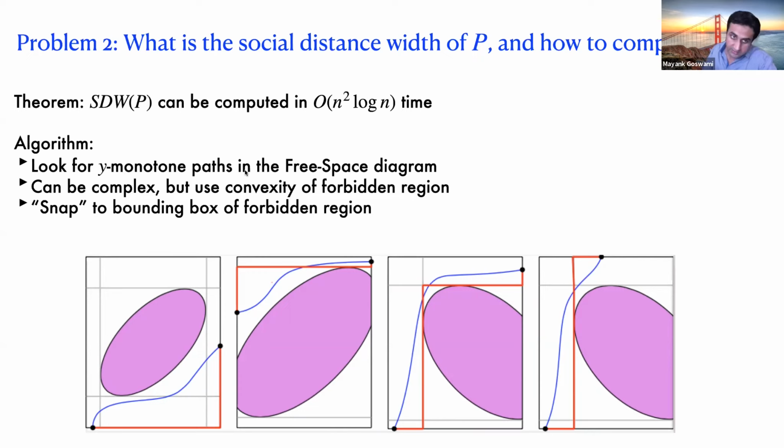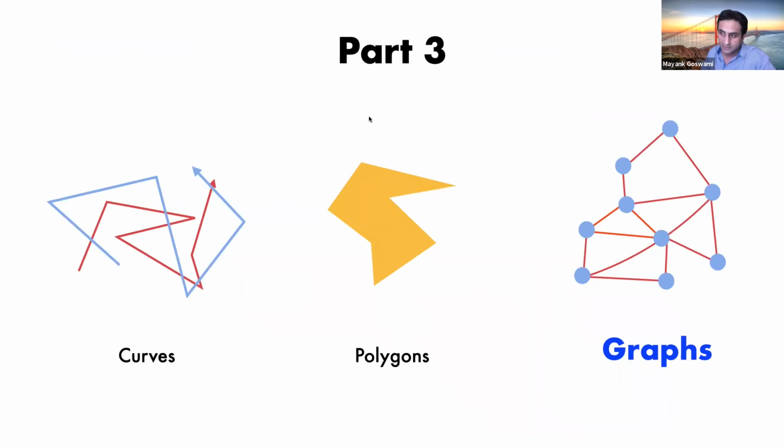So you have a Y-monotone path, and it could be complex, but because of the convexity of the forbidden region, you can snap this Y-monotone blue path to the L-shaped red path. By snapping to the bounding box, we can again solve a reachability problem in roughly quadratic time. So that was a brief summary of the results on polygons.